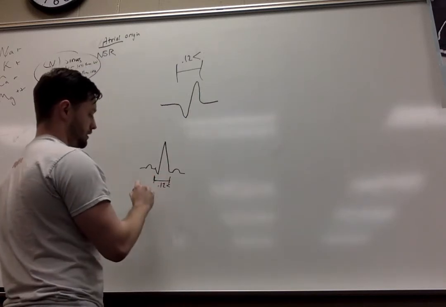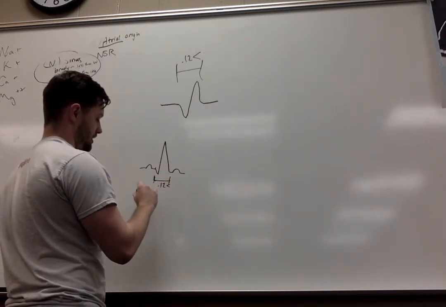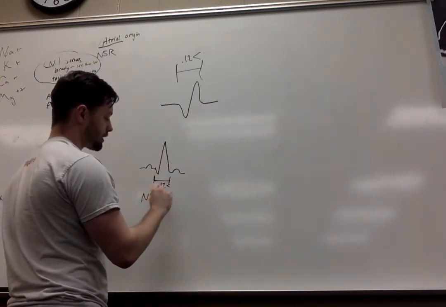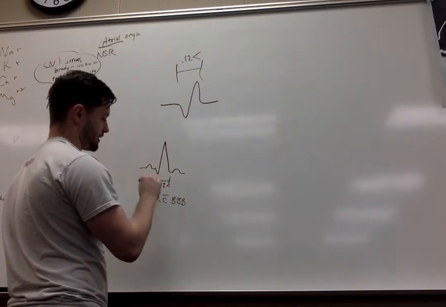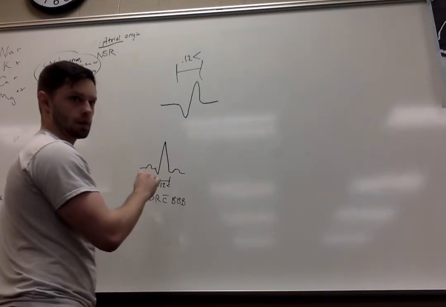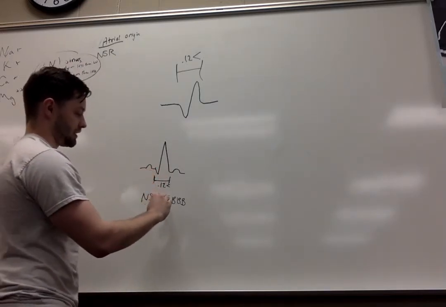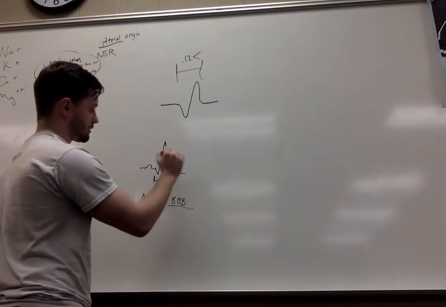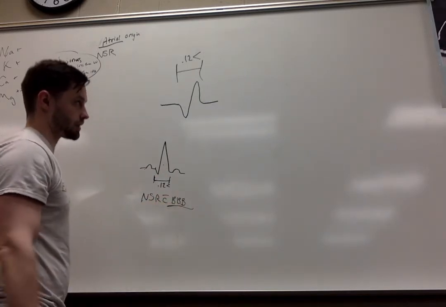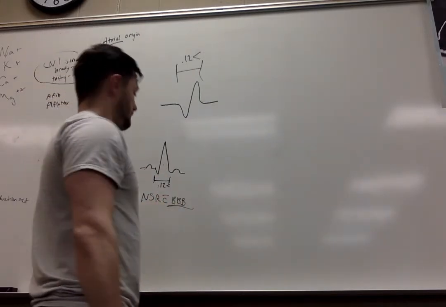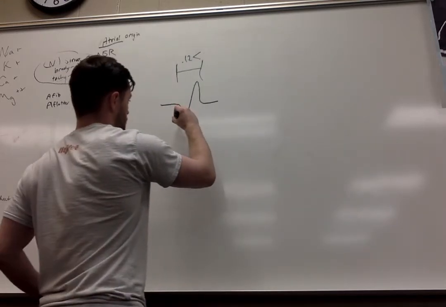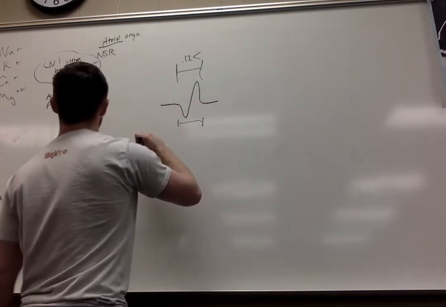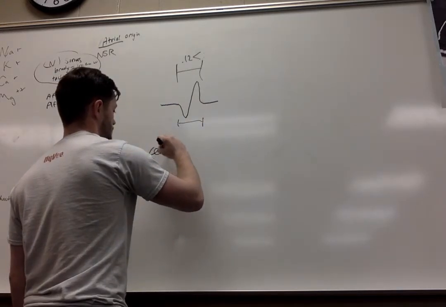So this rhythm right here will be normal sinus rhythm with bundle branch block, because it is a symptom of a widened QRS. You're not saying this is a bundle branch block rhythm. This is a normal sinus rhythm with a bundle branch block. So that's what this is. It's a wide QRS.